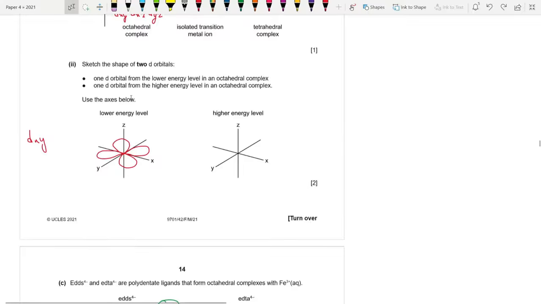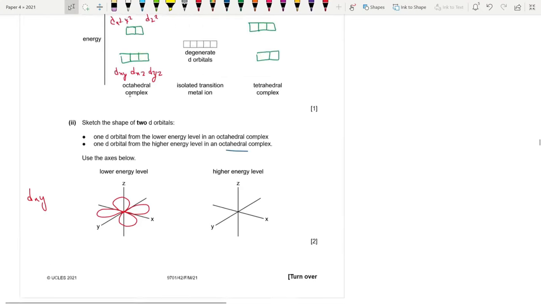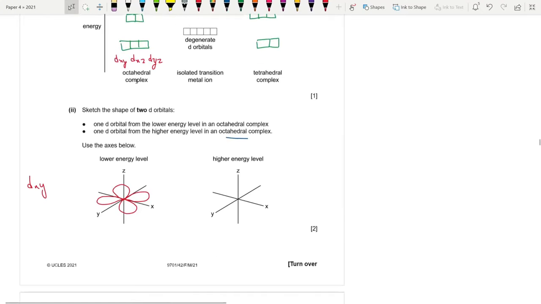What about the higher energy orbital in the octahedral complex? Either dx square minus y square or dz square. So dx square minus y square is literally like a p orbital, but it will pass through the axes themselves. It's like the combination of a px and py orbital.